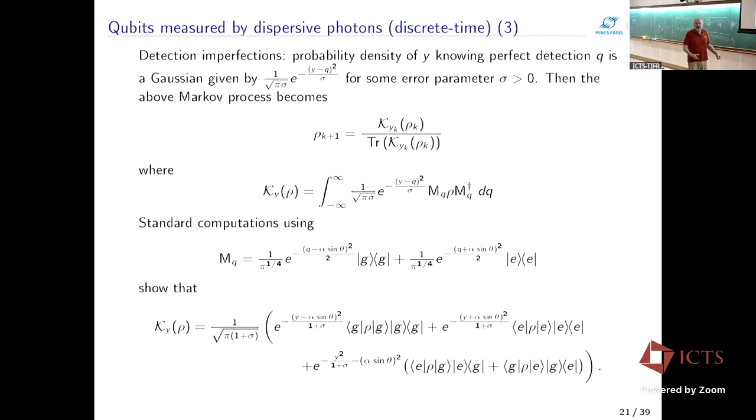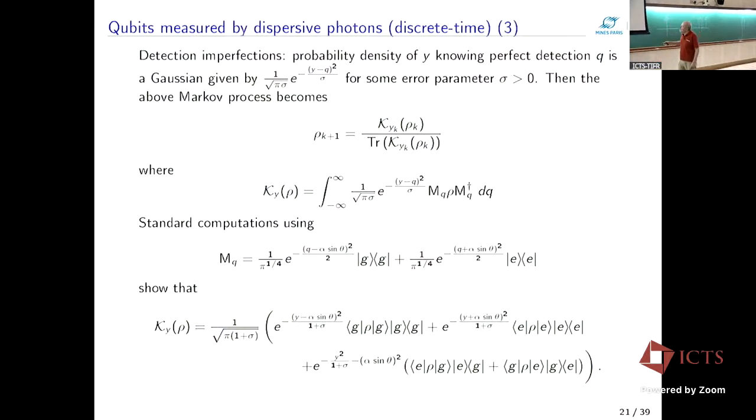And sigma will model in these settings the imperfection of the measurement apparatus. Since I have Gaussian and Gaussian, I can do explicit computation. It is the trick here. And at the end, you obtain something where k has this formula.